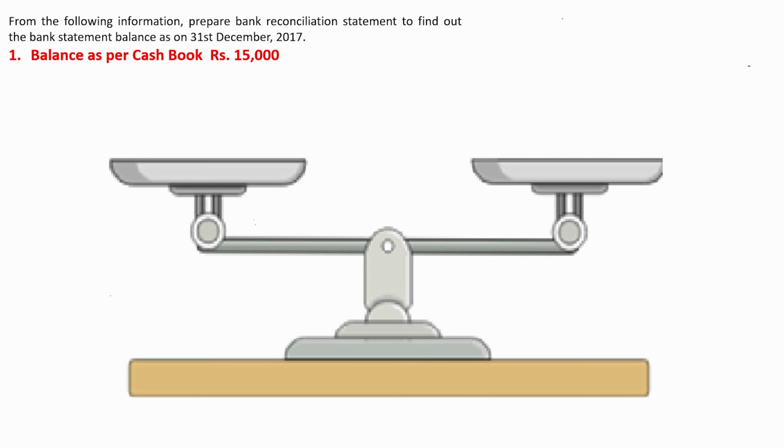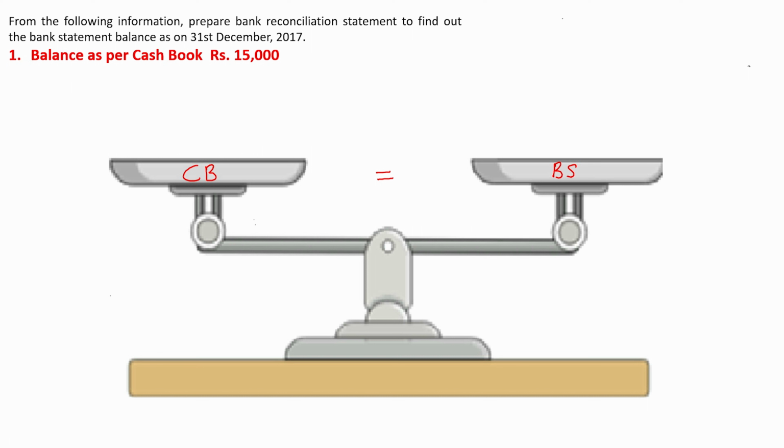Balance as per cash book is given. I have given a picture of a common balance. One side of the common balance, assume it is the cash book, and the other side is the bank statement. Normally, the cash book balance and the bank statement balance must be equal.